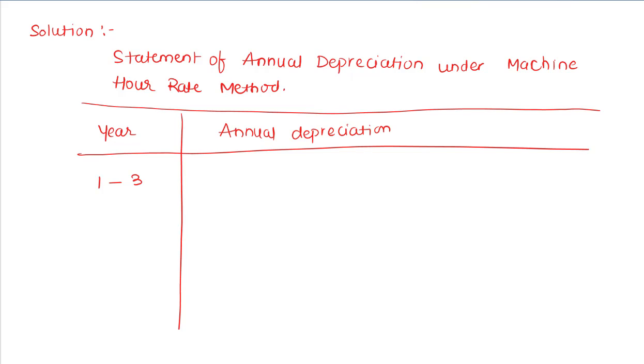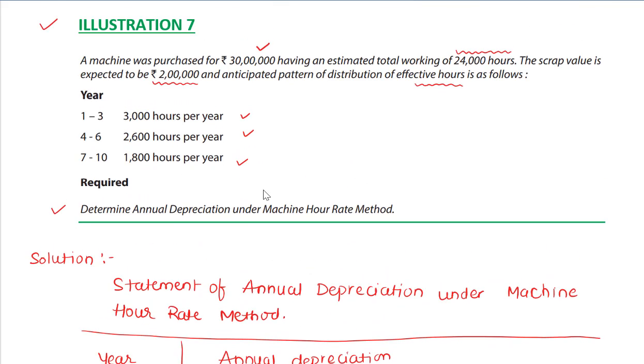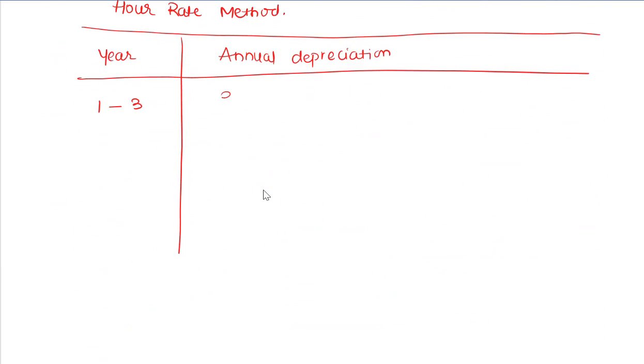In year 1 to year 3, the usage is 3,000 hours, divided by the total life, that is 24,000 hours, multiplied by original cost minus scrap value. Original cost is 30 lakhs and scrap value is 2 lakh, so this is 28 lakhs.